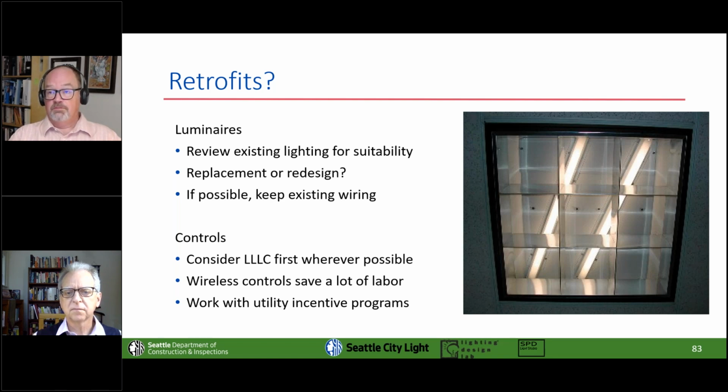So if the distribution is going to be okay, go ahead. Keep the existing wiring if you can, because that makes things really, really easy, particularly if you use luminaire level lighting controls. Next one, Duane.